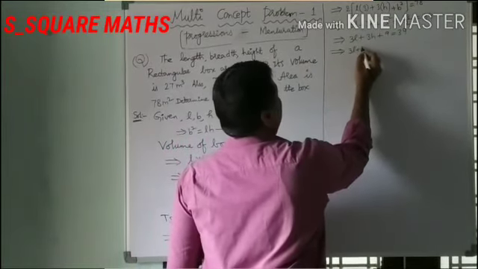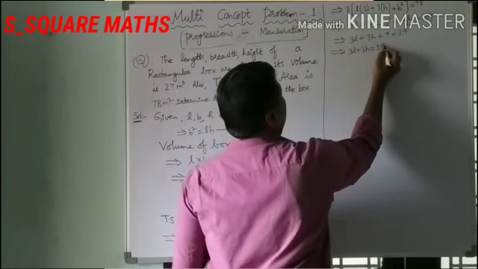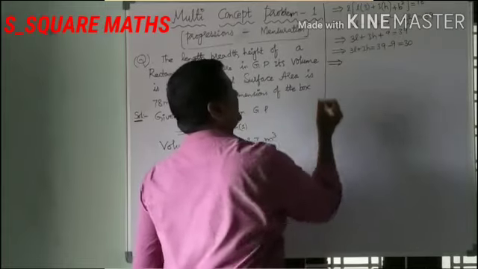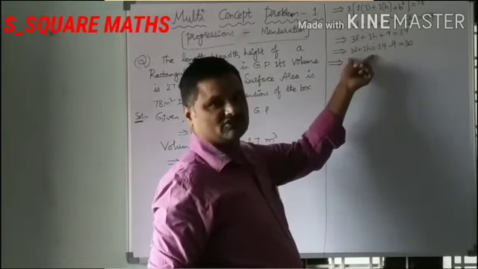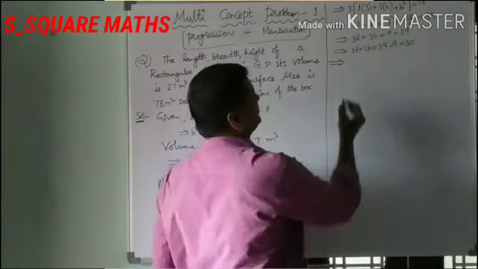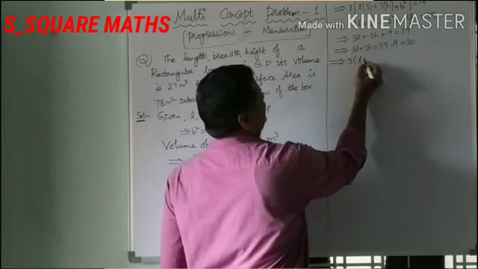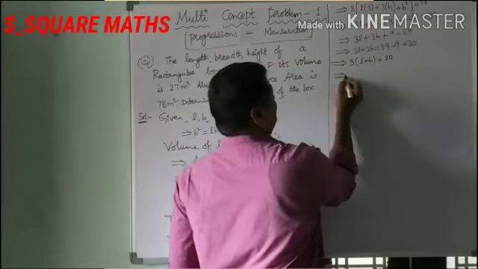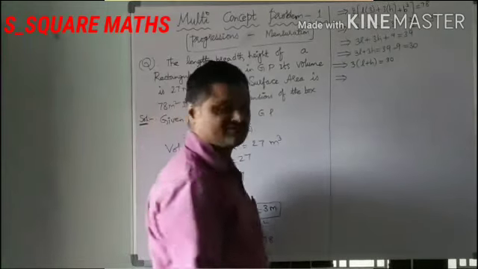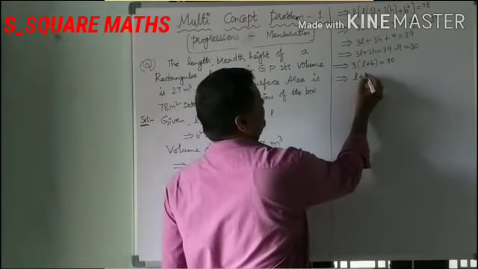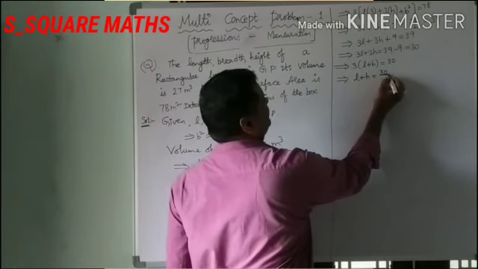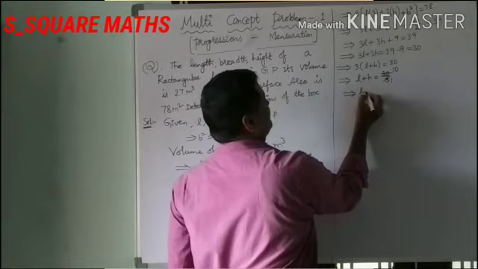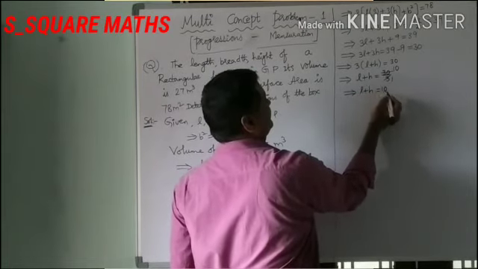So 3L plus 3H is equal to 39 minus 9, which gives you 30. On the LHS you have 2 terms, out of which I can take 3 as common. So 3 of L plus H is equal to 30. 3 transposing the other side becomes division. So finally L plus H is 30 by 3, which is 10.